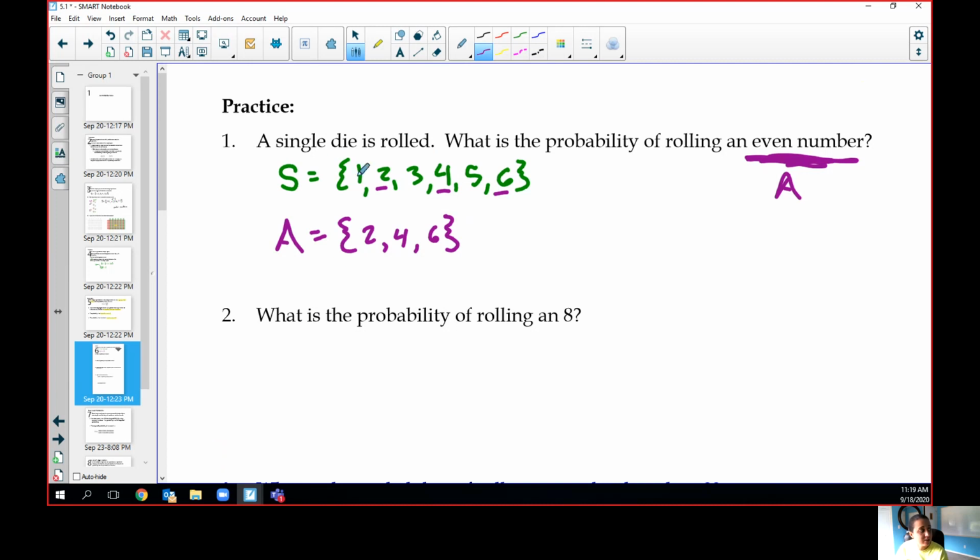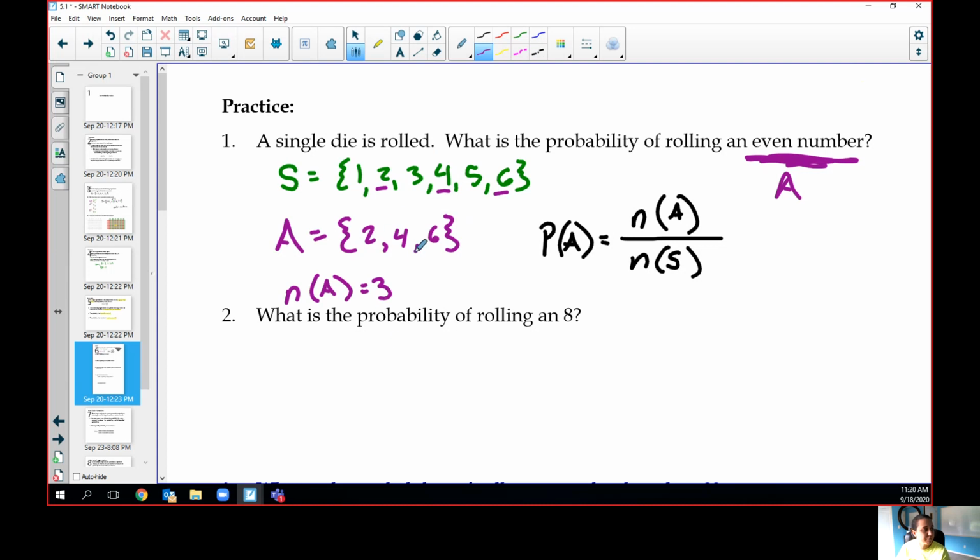Now that I found these two sets, I know from our previous slide that the probability of A is equal to the number of things in A divided by the number in our sample space. If you notice, the number in A is 3.